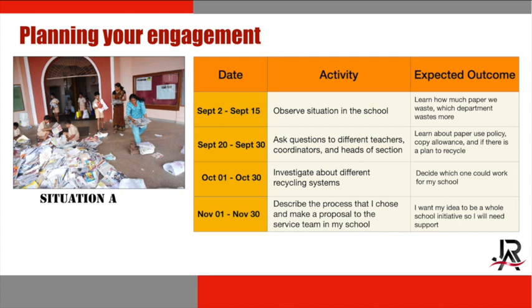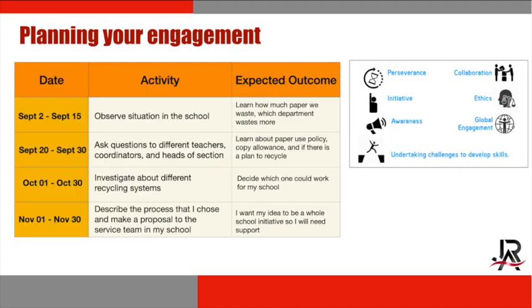Also, this plan will help you to confirm which learning outcomes you are developing. For example, we can see that we are taking initiative, that we are undertaking challenges to develop skills, that we are acting ethically, and if we are doing this in collaboration with others, we are demonstrating our collaboration skills.